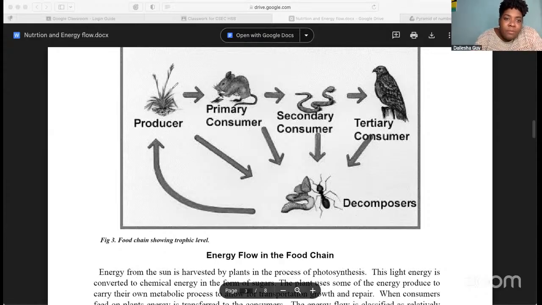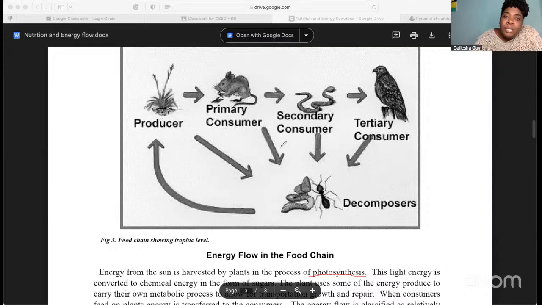As we said before, the energy that is seen in the producer is derived from the sun. So the sun is the primary source of energy, and the plant will produce its own food by the process of photosynthesis. We'll go back there at our next session.